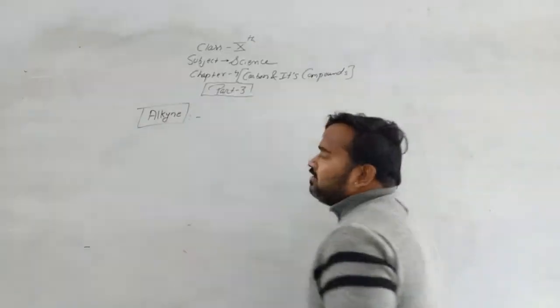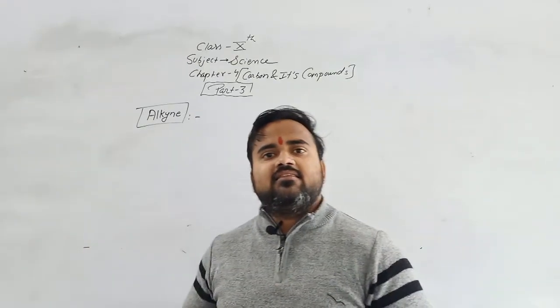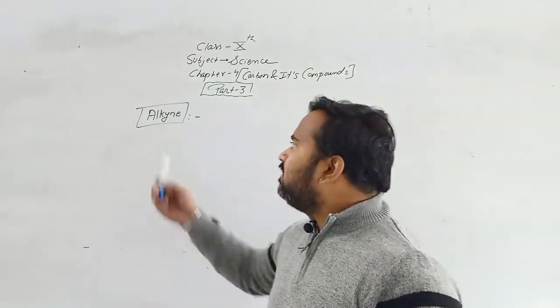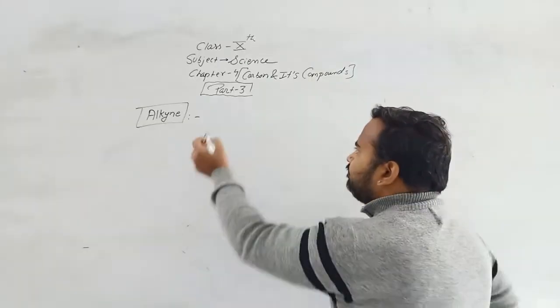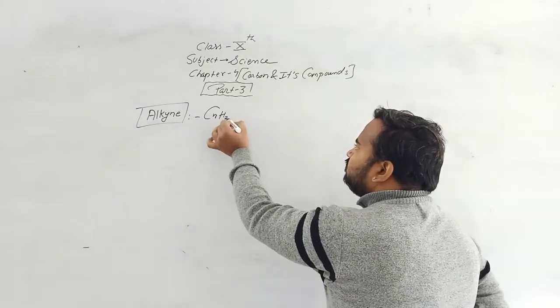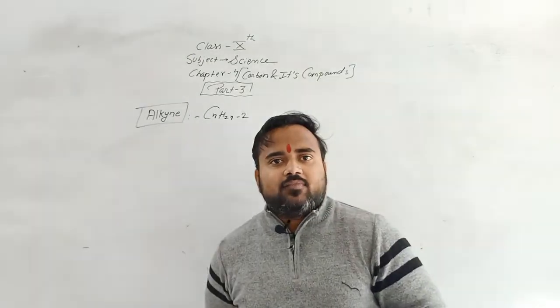Now, as we have discussed, the general formula of alkane is CnH2n+2, alkene is CnH2n, and the general formula for alkyne is CnH2n-2. Now, first thing, what is alkyne?